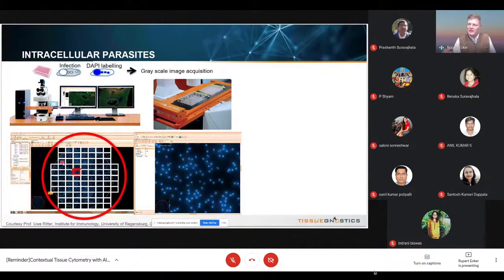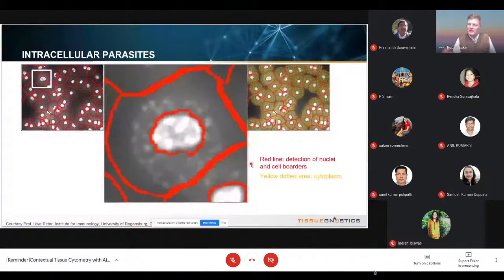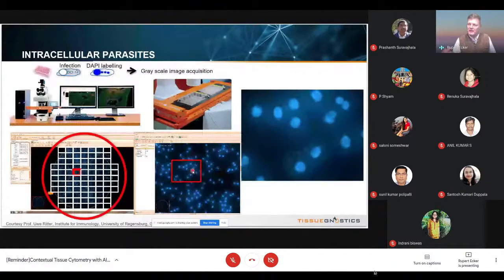The individual rectangles highlighted here are the individual fields of view that had to be acquired in order to cover a full well. When we zoom in, we see here the blue dots, which are the big ones, are the nuclei of the macrophages, and the smaller dots here are the nuclei of the intracellular parasites, the leishmanias.